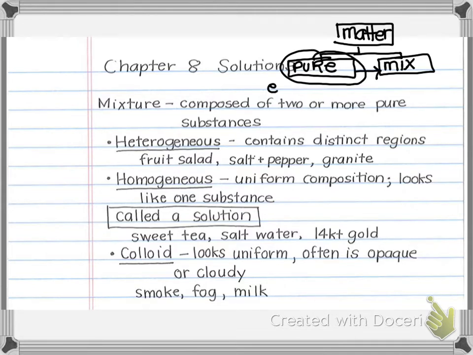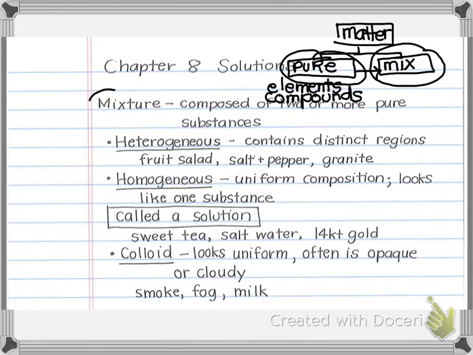And pure substances could either be elements or compounds. Pure substances have a single composition, but when we mix them together, we get mixtures. And mixtures can have variable compositions, which we'll talk about later in this chapter.